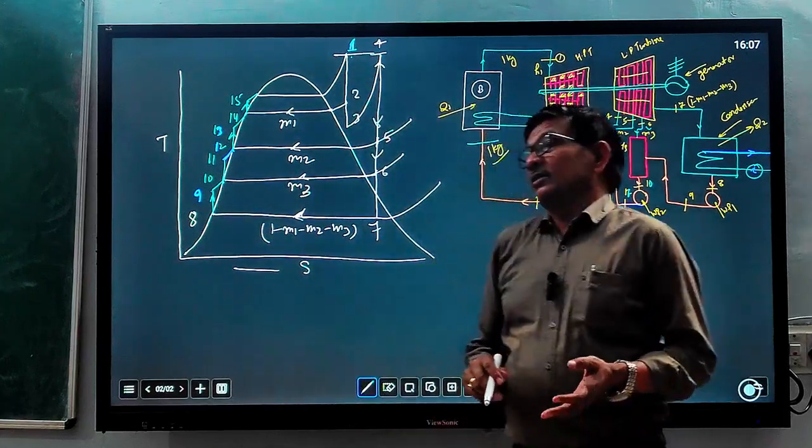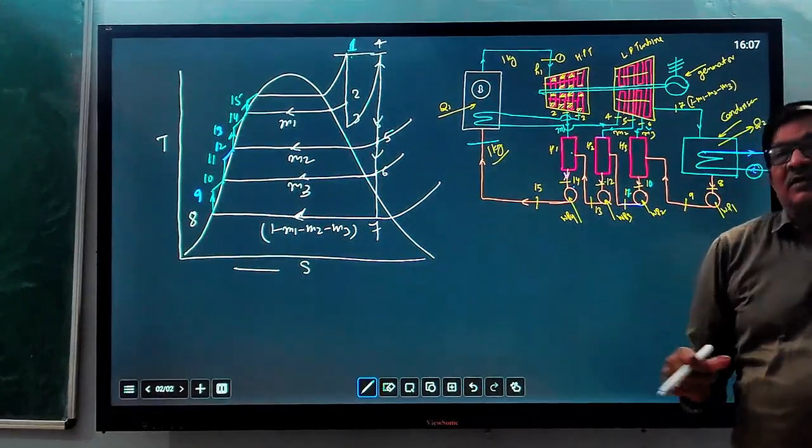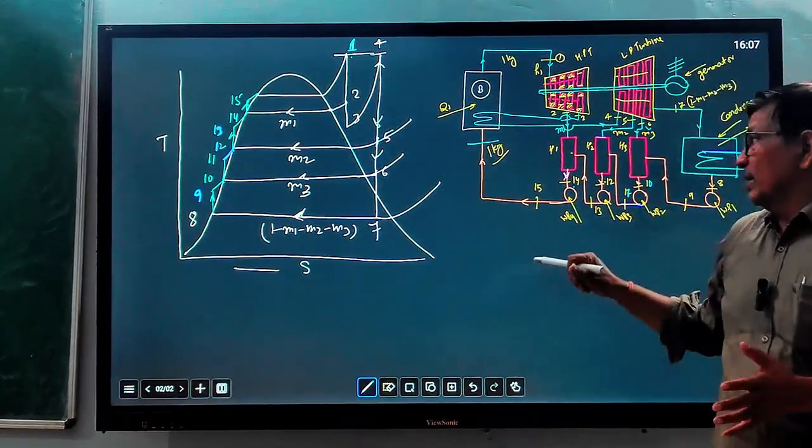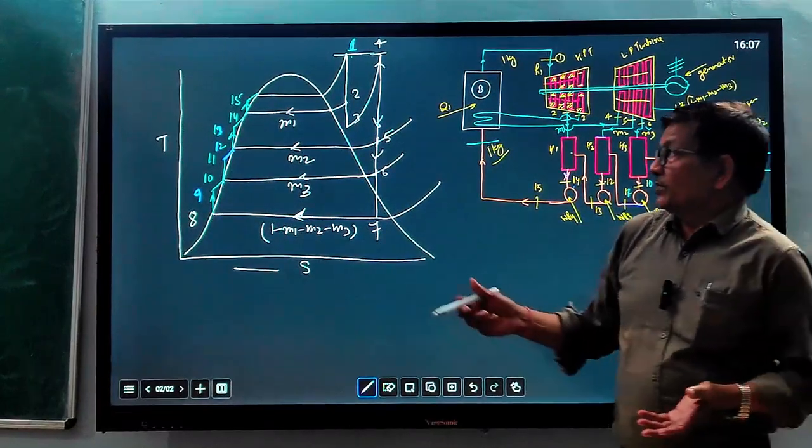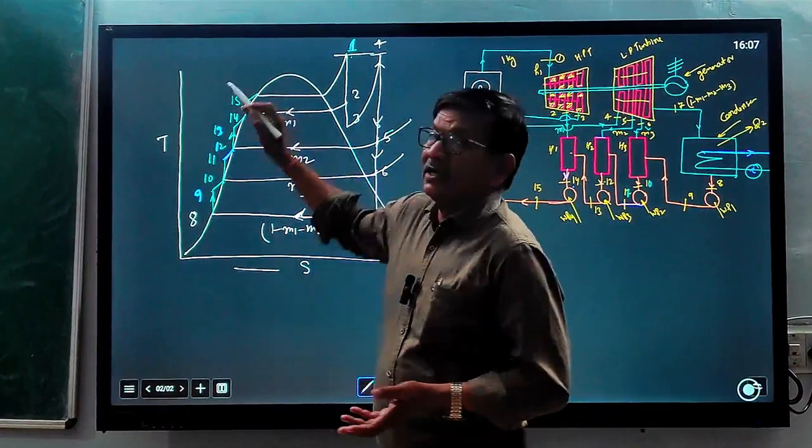Due to incorporation of the regenerative heater and reheater, heat addition in the boiler is at higher temperature.